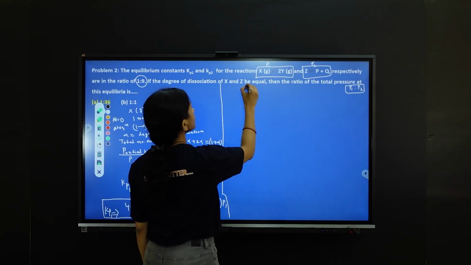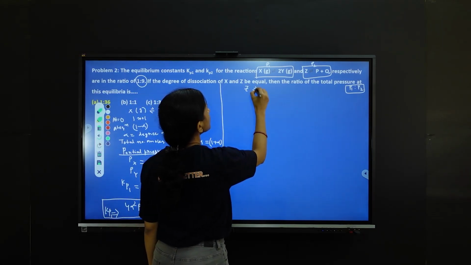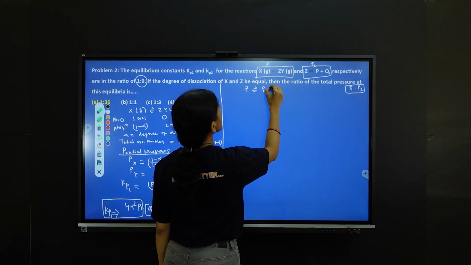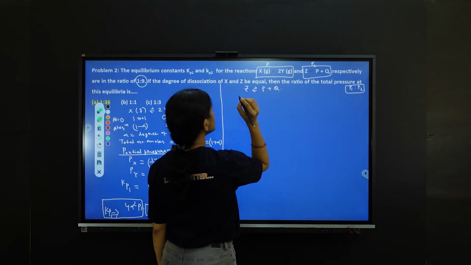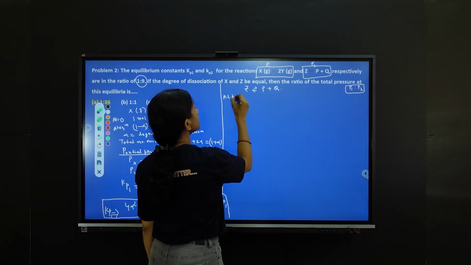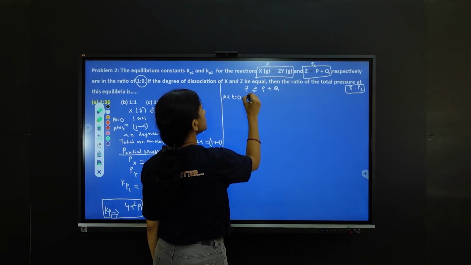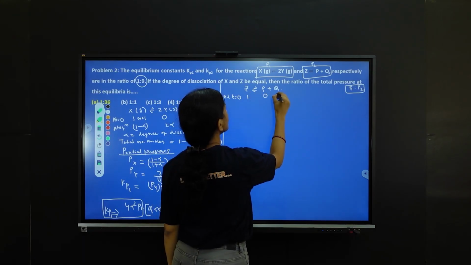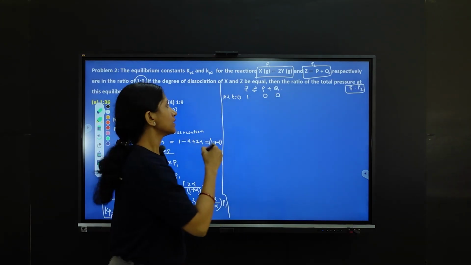Now let's do the similar thing with the second equation. The second equation is Z giving you P plus Q. At the initial time, that is t equal to 0, Z is 1 mole, P is 0 mole and Q is 0 mole.